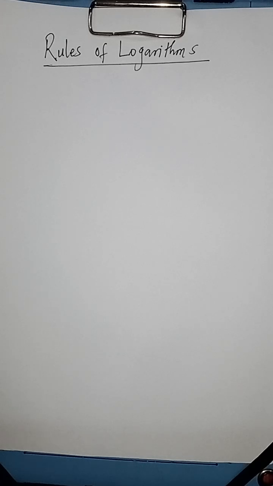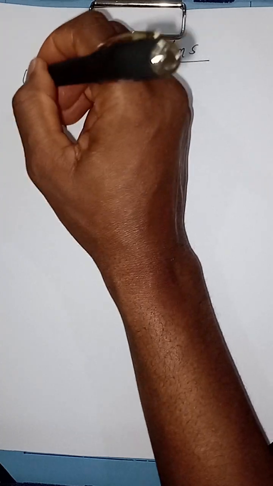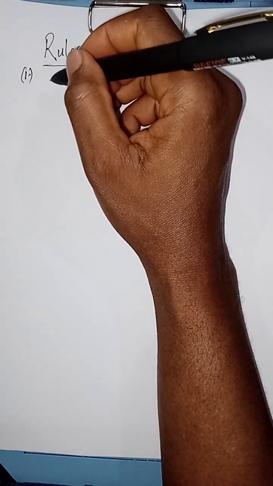Now let's continue with logarithm, and today's lesson will be on rules of logarithm. Now, what is rule number one? Rule number one. This is called the log of products.